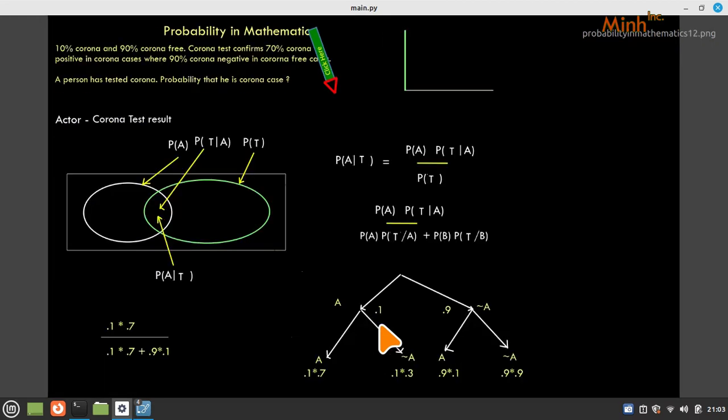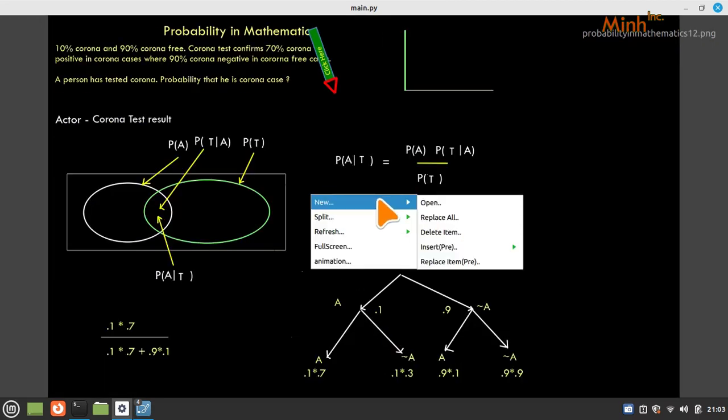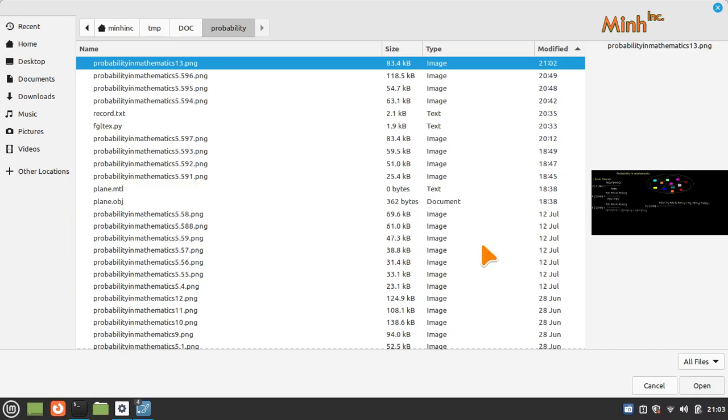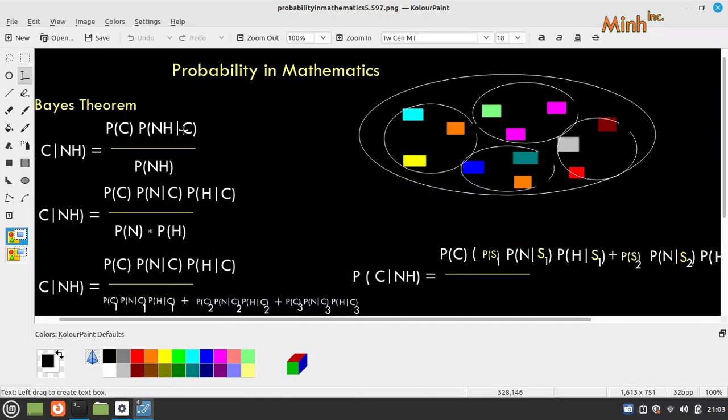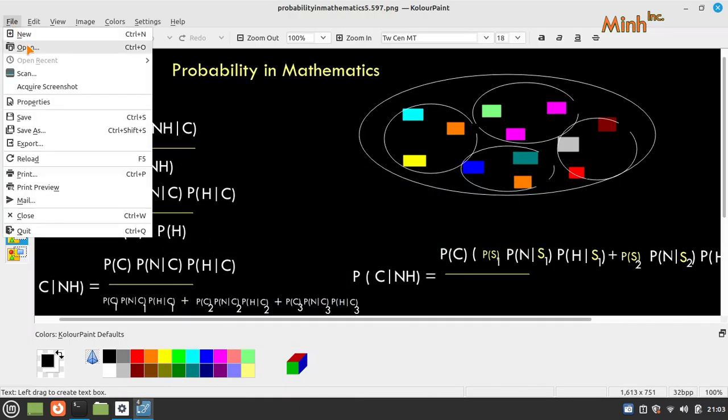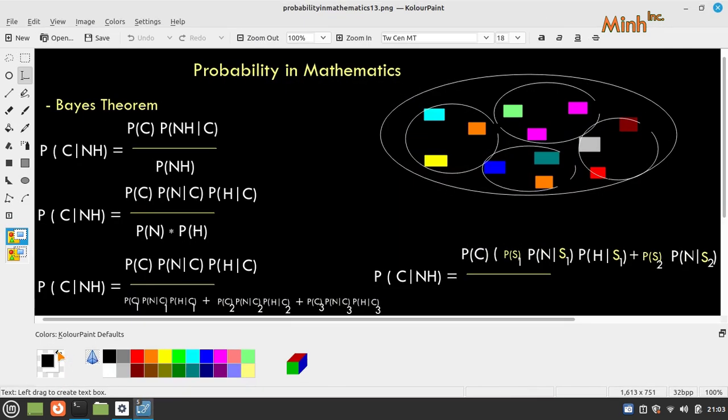we'll see that we have separate classes. So these are classes.